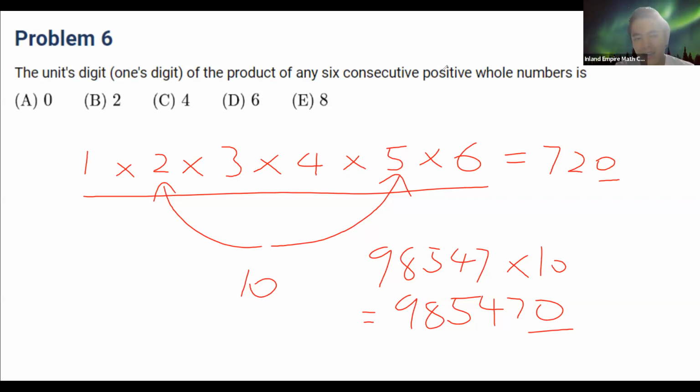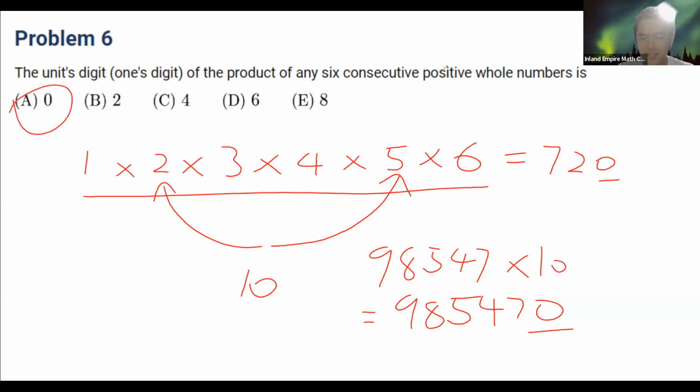So the idea is that since multiples of 5 are spaced 5 apart, if you have 6 consecutive numbers, it's going to include a factor of 5 somewhere in there. And when you have a 5 and an even number, you're going to get a 10, which is a 0 in the end. So the answer is A.